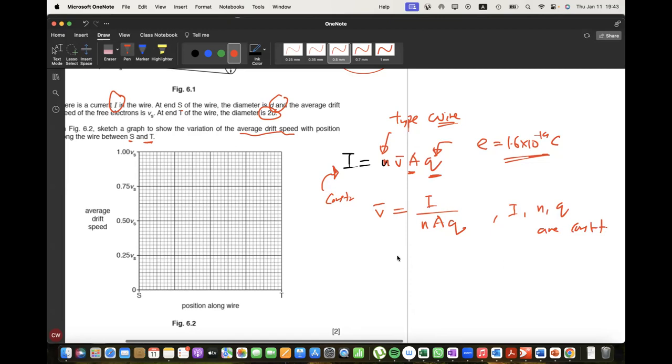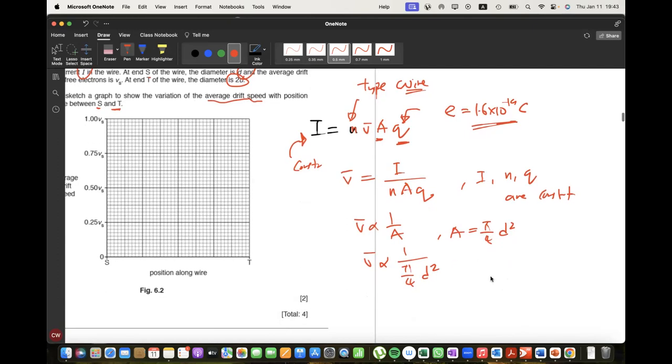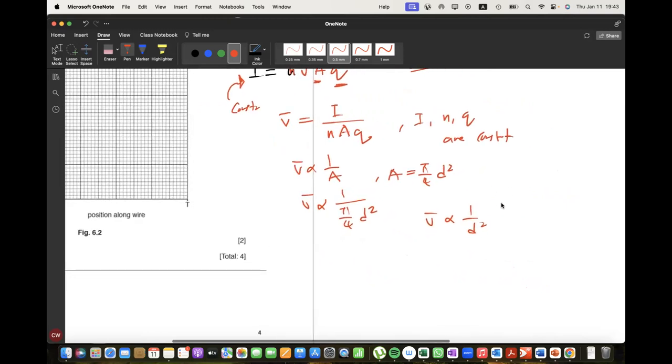If I and Q are constant, that means this one only depends on A. And the A is pi over 4 d square, which I have explained to you before. So now you put that in, and it will become 1 over d square. So this obeys something called the inverse square law. Now you have to know how to play with this inverse square law.